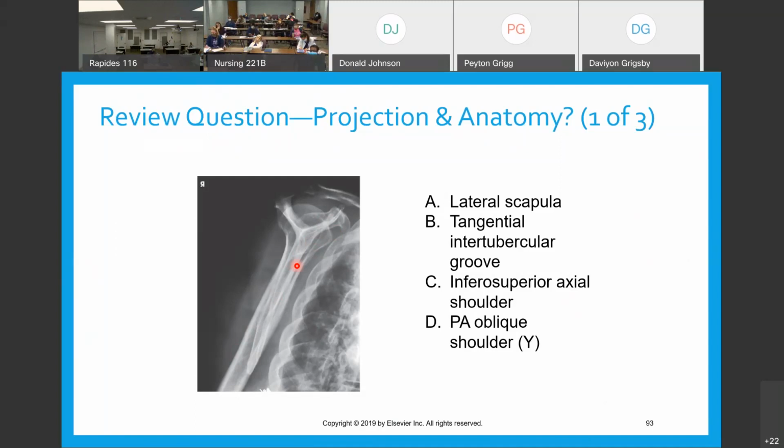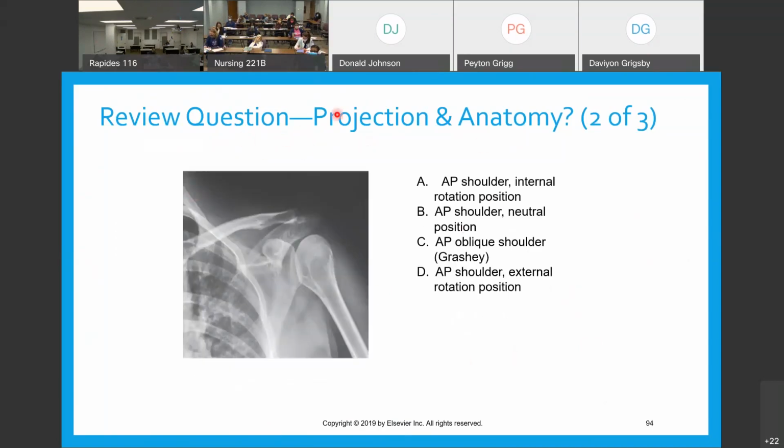Remember, the position of the arm is irrelevant when we're looking for shoulder dislocation. So this is the shoulder joint, scapula Y shoulder joint. Because all we're after is a humeral head over the glenoid cavity. Does everybody see that? Good with that. Now, does it necessarily mean that the humerus always has to be there? It tells you we don't care where it's at. But most of us do keep it snug to the body, and we'll show you all that in lab today. All right. Projection and anatomy. Listen to that thunder.